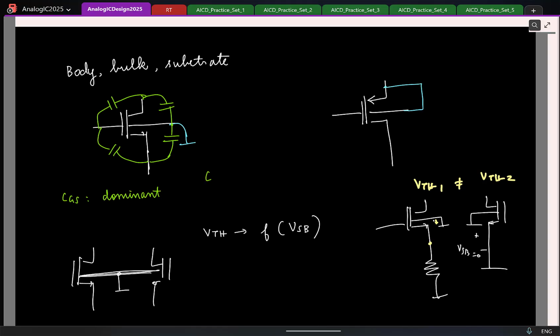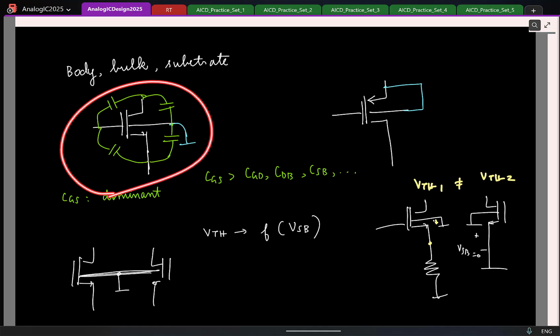That is, CGS is typically greater than CGD, CDB, which is the drain to bulk, CSB, source to bulk, etc. This information is sufficient for the transistor for now.